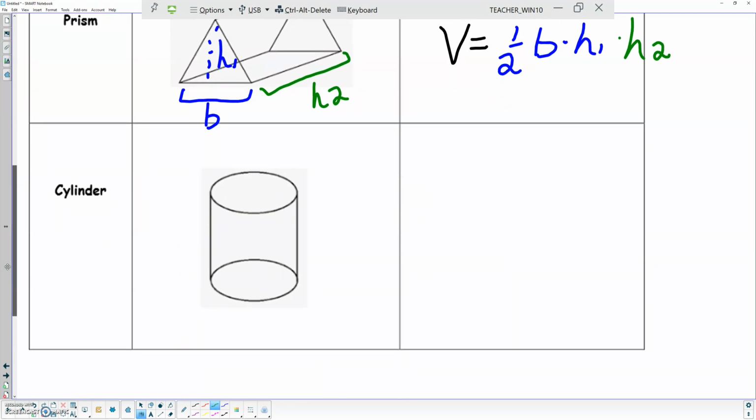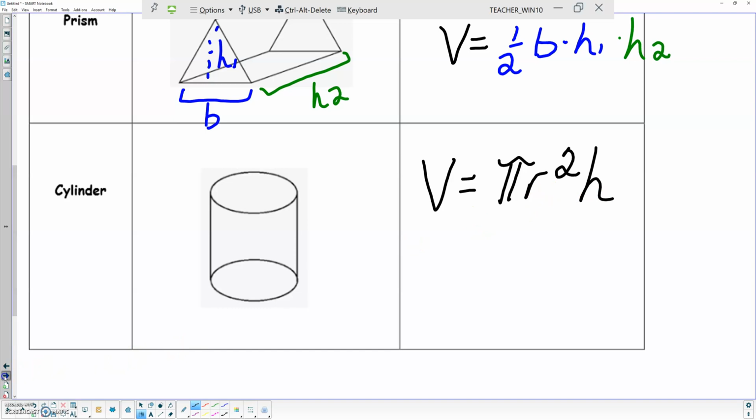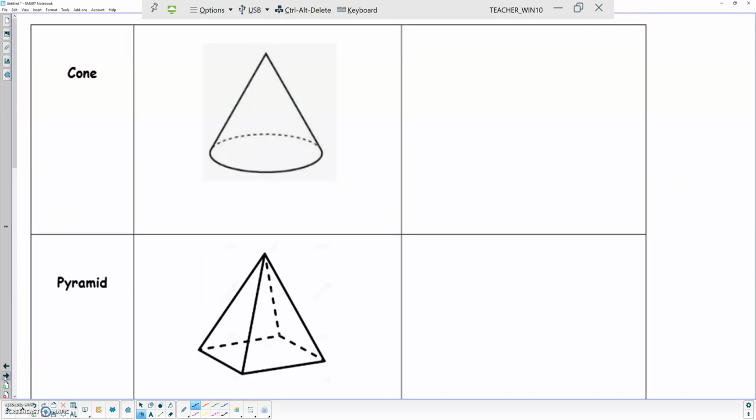Volume of a cylinder is area of the base, and since it's a circle, the area of a circle is pi r squared, times the height. For a cone, the volume is 1/3 pi r squared times the height.